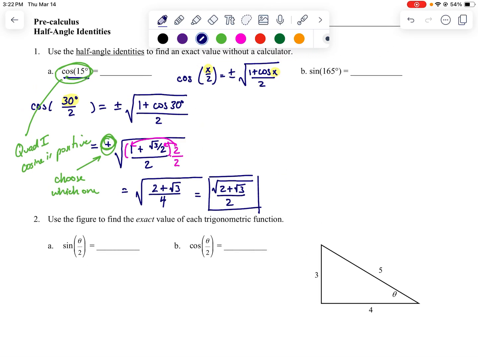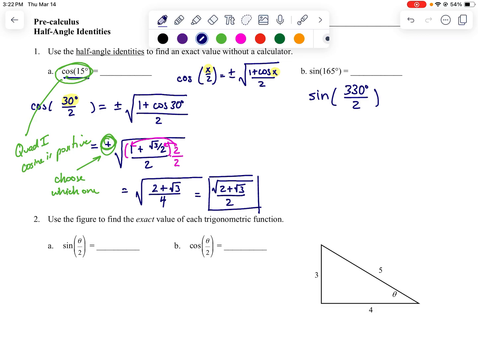If I was doing 165, again there are different ways to do it, but using the half angle, I could say that this is 330 divided by 2. So 330 degrees divided by 2 gives me 165.